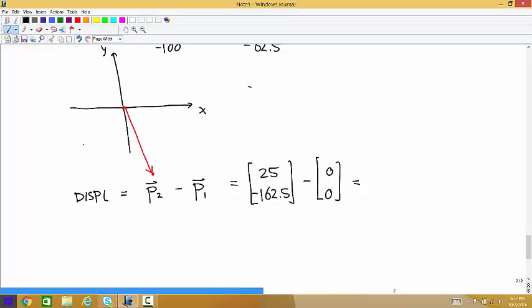And so the displacement just ends up being, in this case, the final position, 25, negative 162.5 meters. I just want the vector components. Remember that in 1D motion, displacement was a directional quantity, and it's the same here, so it's a vector. So I want it as components. You just have to subtract vector components of positions.